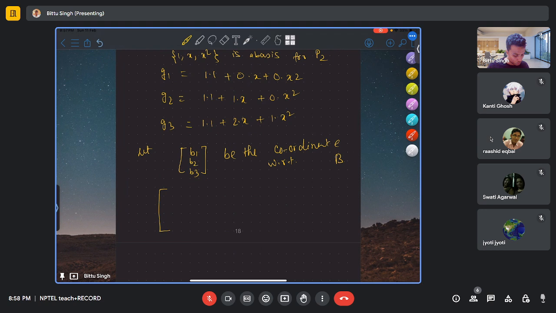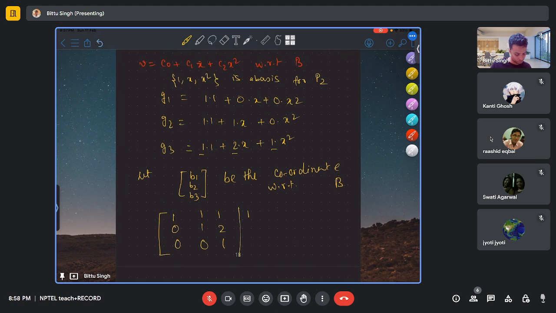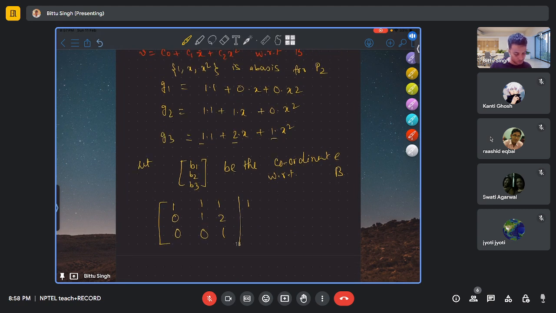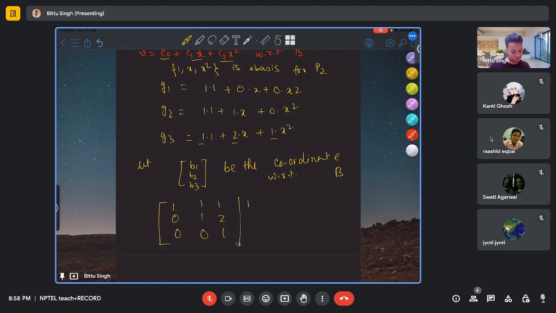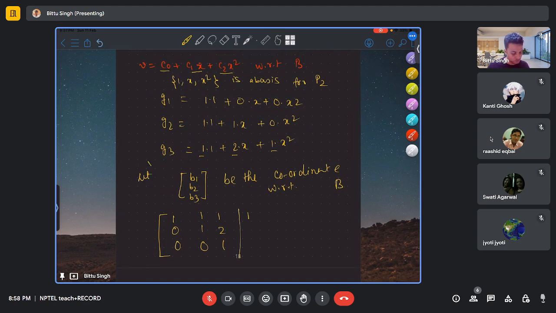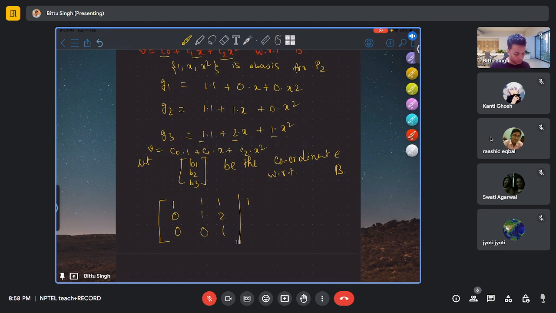So it will be 1 0 0, 1 1 0, and 1 2 1 in the columns, and this will be our C0, C1, C2, because V can also be written as C0 times 1, C1 times x plus C2 times x square. So here you can write it as C0, C1, C2.